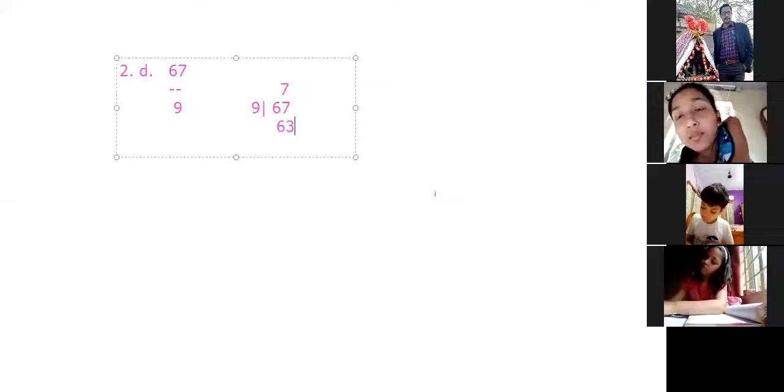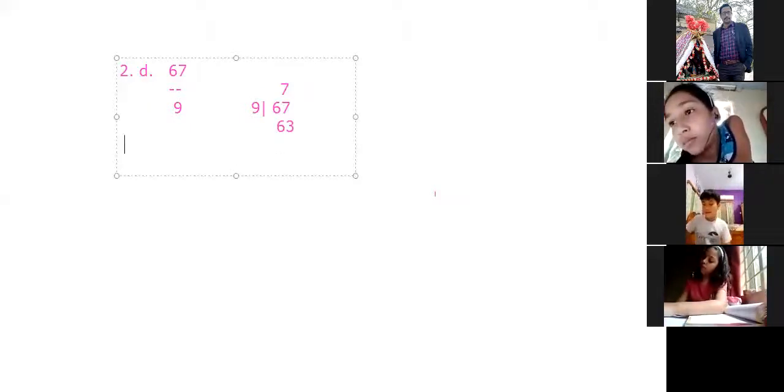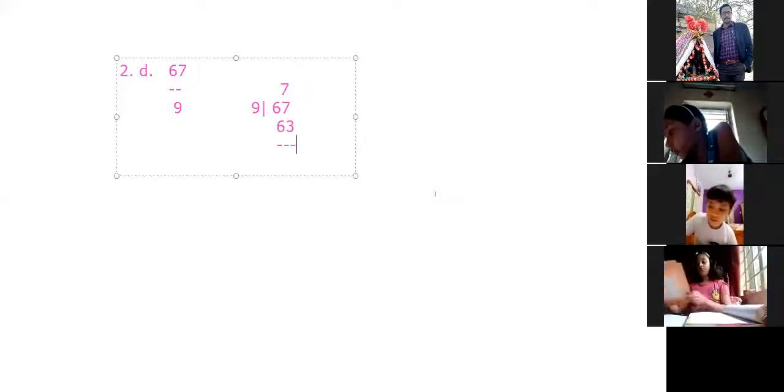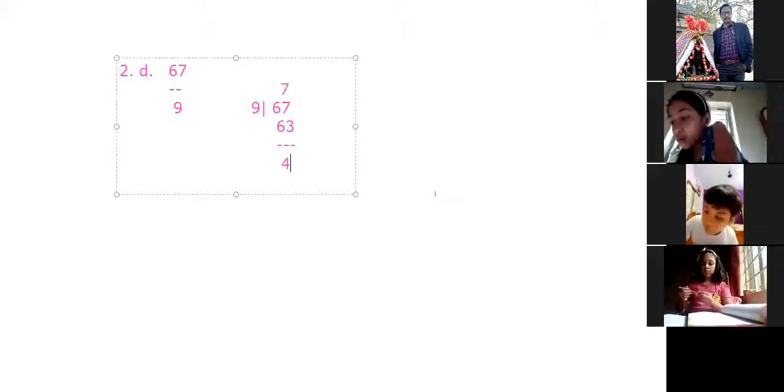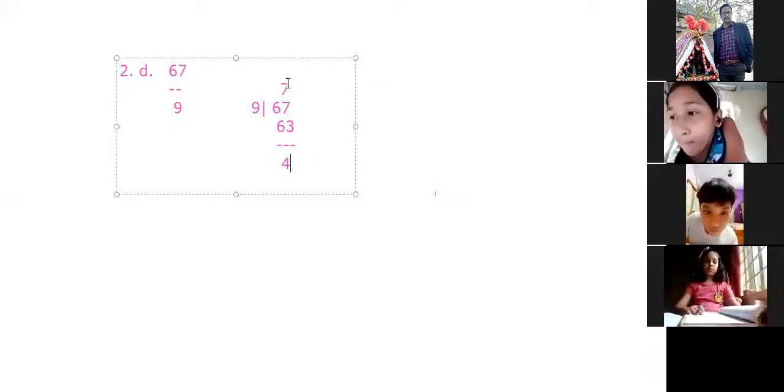When I divide, the result I get is 7. 7 nines are 63, so we get 63 here, and we get the remainder 4.